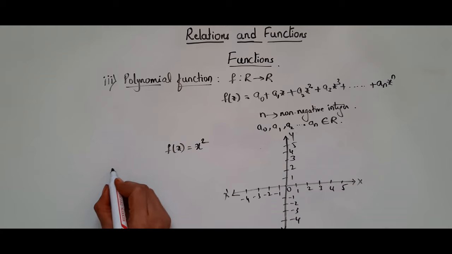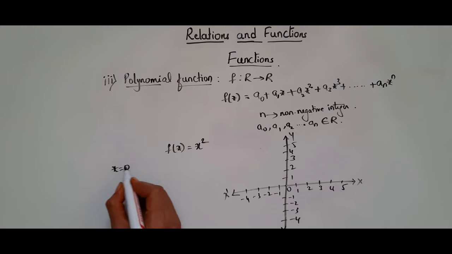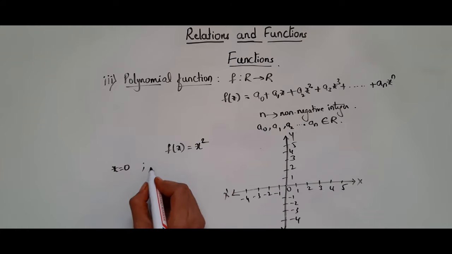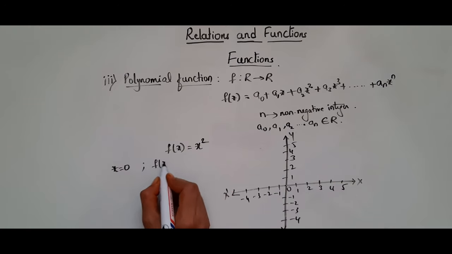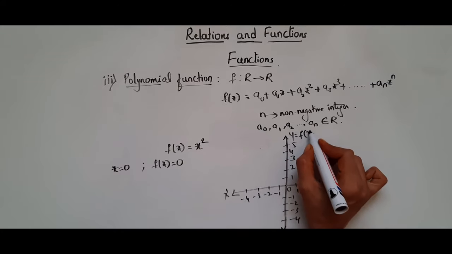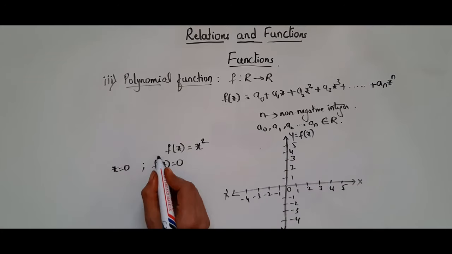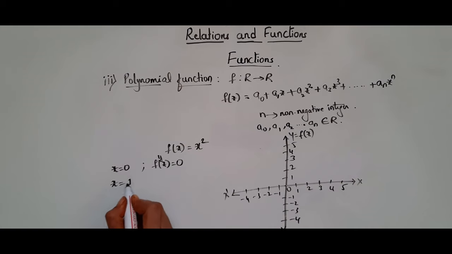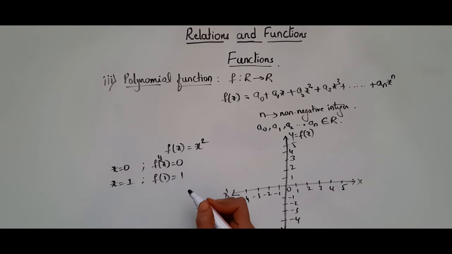Now let's put the value for x. X is equal to 0. So f of 0 is 0 square, that is nothing but 0. So f of x is equal to 0. Here y is nothing but f of x, right? So this is y. So now when x is equal to 1, f of 1 is equal to 1 square, that is 1.